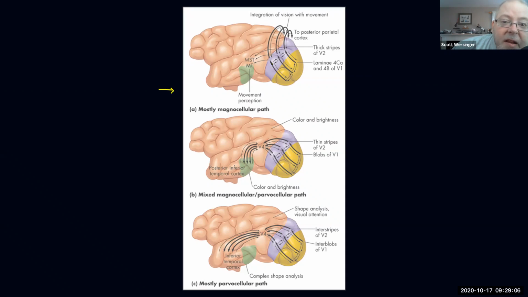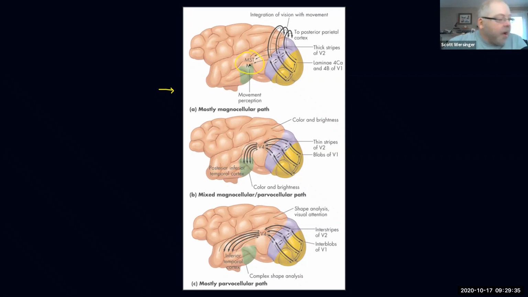It'll go to secondary visual cortex, and eventually to a part of the brain called MST or MT. This part of the brain, highlighted in green, is going to process movement and perception. Again, there's not enough processing power just in here. We need to specialize. So we're going to outsource that processing to this part of the brain.